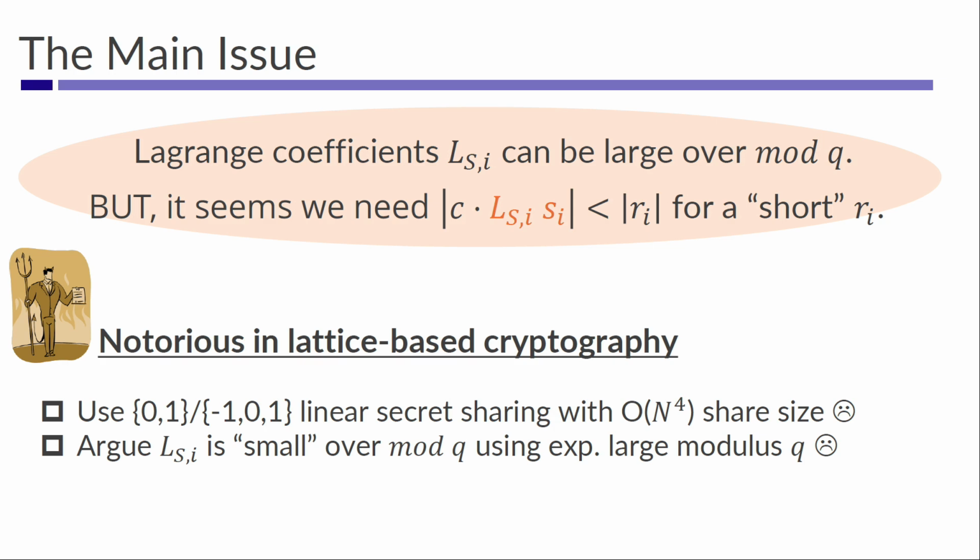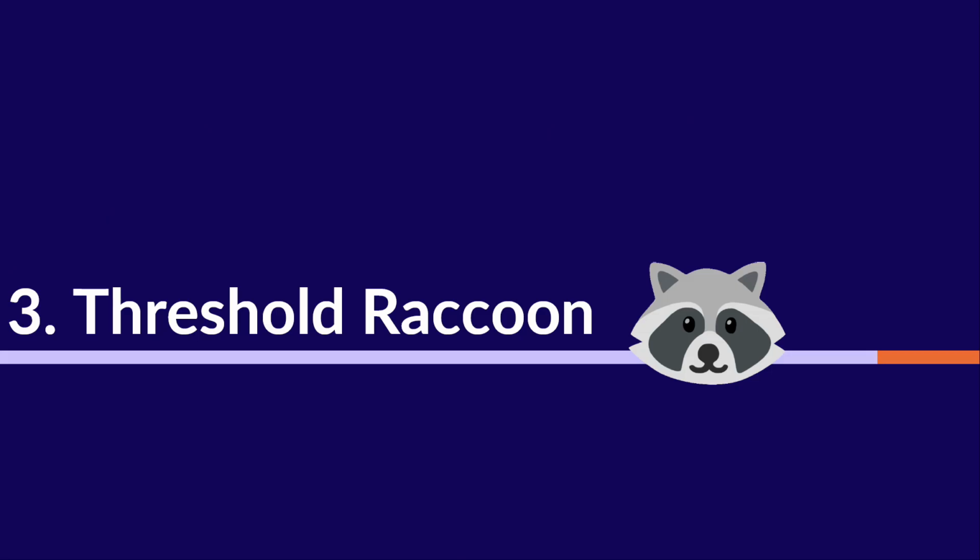This is a notoriously known fact in lattice-based cryptography, and there are workarounds, like using 0,1 or -1,0,1 linear secret sharing, or doing some kind of noise flattening techniques, but both of these are, as far as I know, very impractical, and we did not want to rely on these techniques. So this is where we stand.